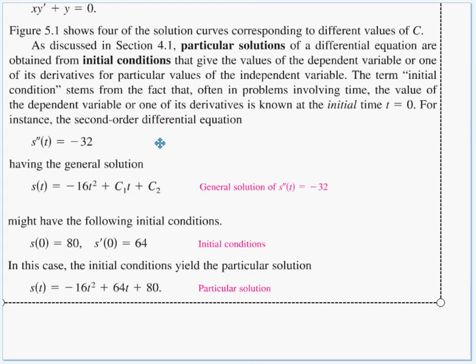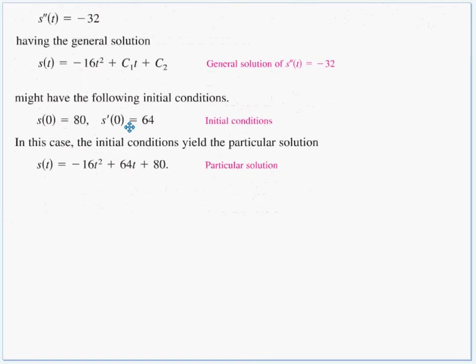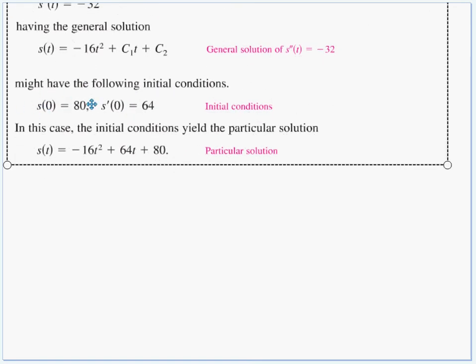For instance, the second order differential equation, s double prime of t is negative 32. We would anti-derive that twice, and we could get to here. S of t is negative 16t squared plus constant 1 times time plus constant 2. We might have these following initial conditions. S of 0 is 80.